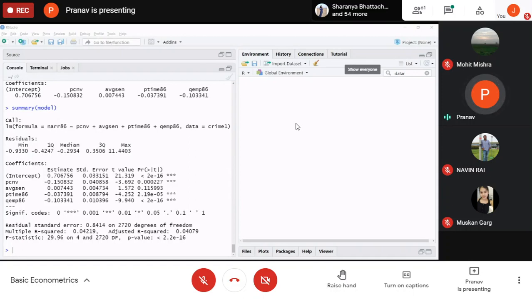Now, a decision rule that we will follow is that if your P value, the probability value of obtaining a T statistic or F statistic or a Z statistic, is less than the level of significance which you actually chose... So suppose as a researcher you chose the alpha to be 5%, but the p-value comes out as 3%.